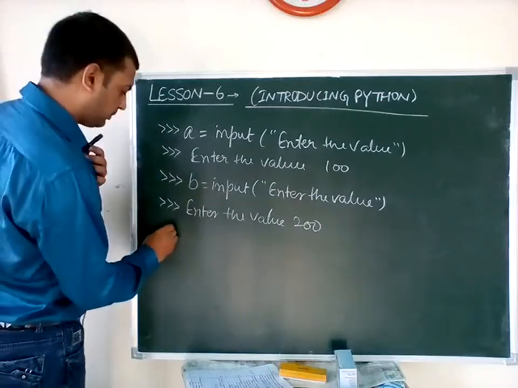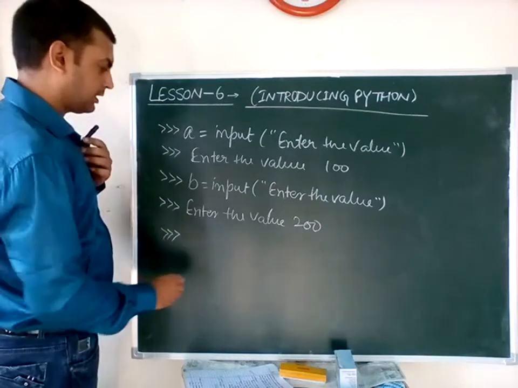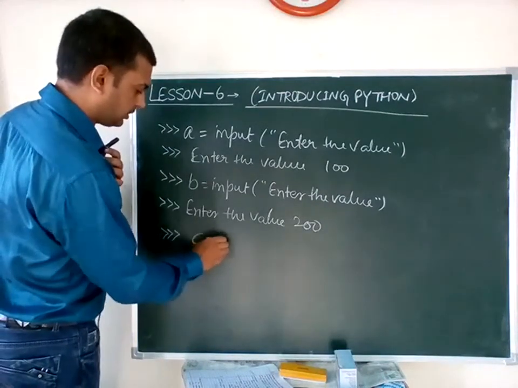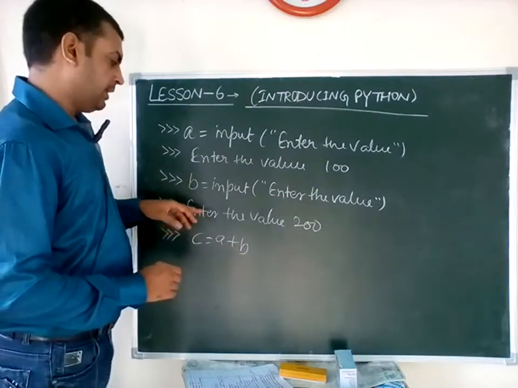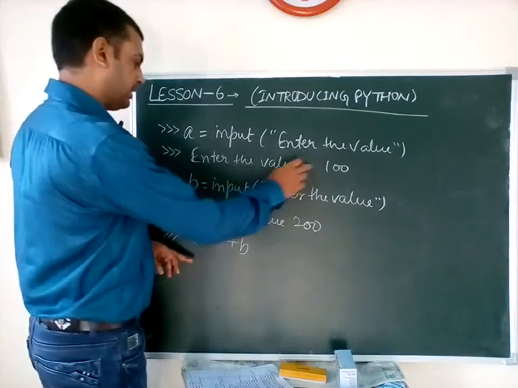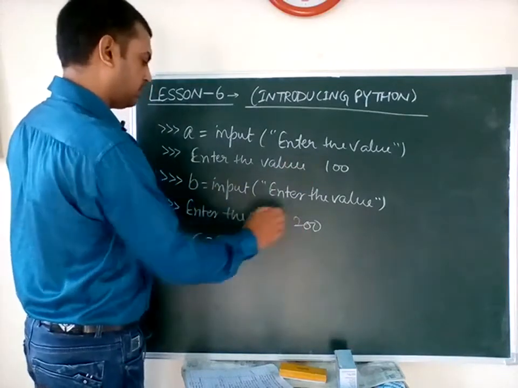So if you perform any mathematical calculation like c is equal to a plus b, you can see here what is the value of a, 100, and what is the value of b, you have given 200.